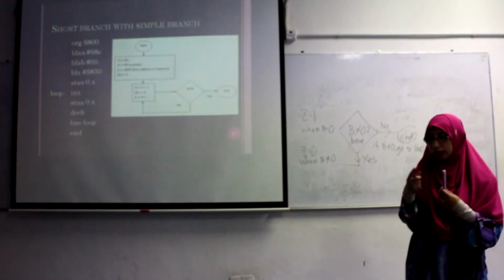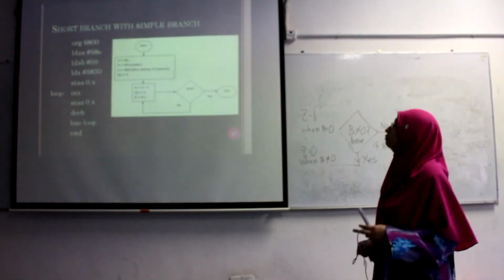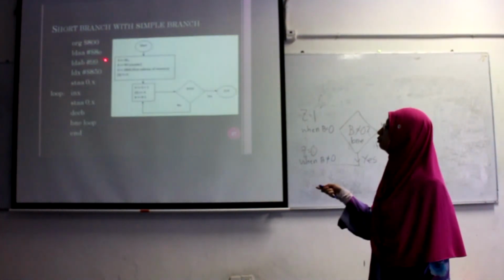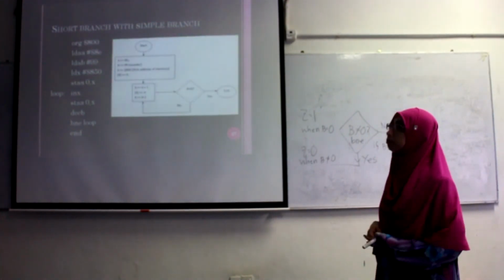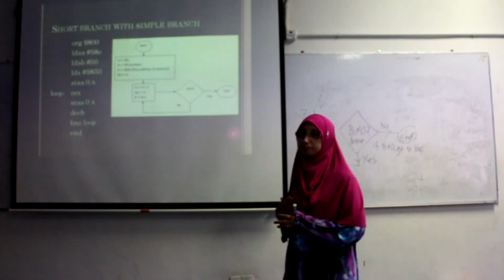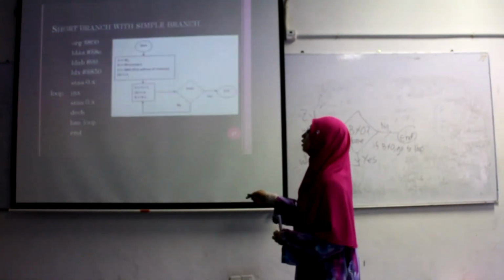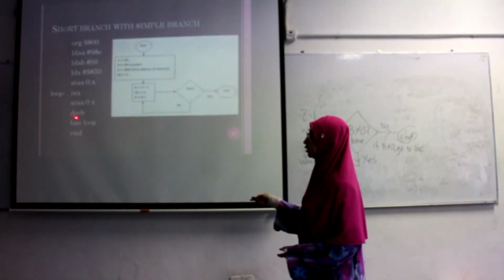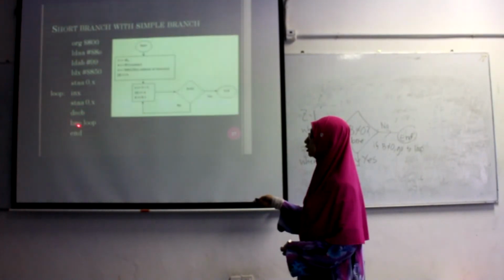Okay, and then we have another branch, which is a loop primitive, and it simplifies the instruction. We have two instructions here, decrease B and branch not equal loop.